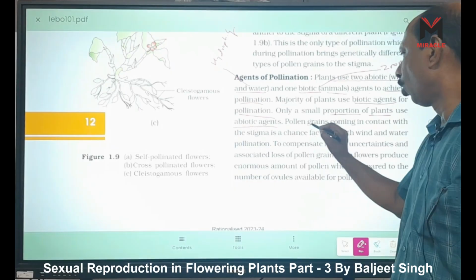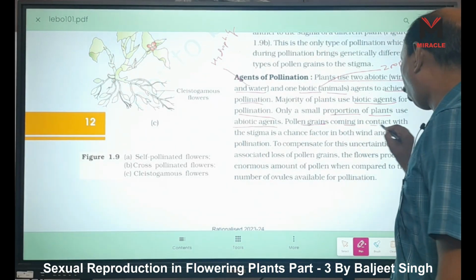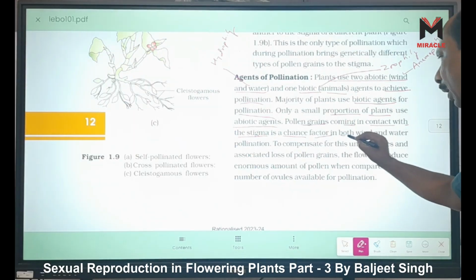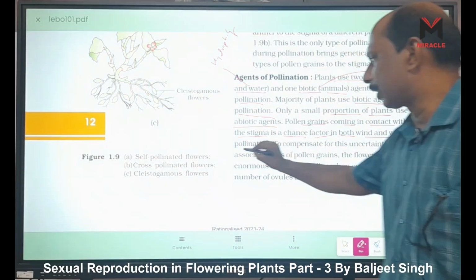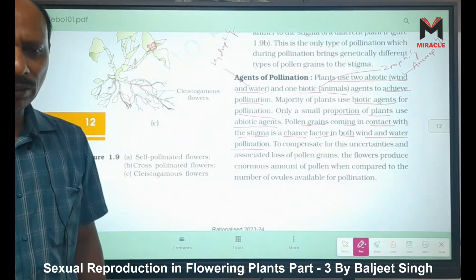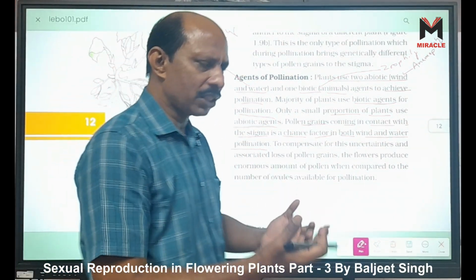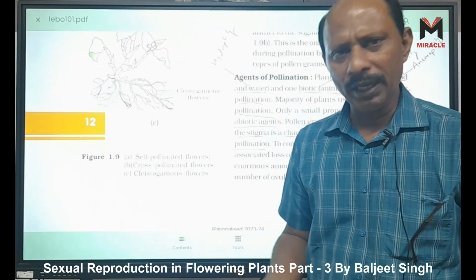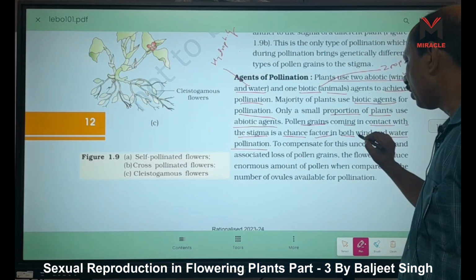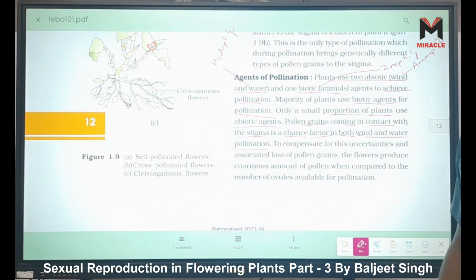About 30 genera are involved. Pollen grains coming in contact with the stigma is a chance factor in both wind and water pollination, because they are abiotic. They may reach the stigma, or they may not, right? That's why an enormous number of pollen grains are formed.